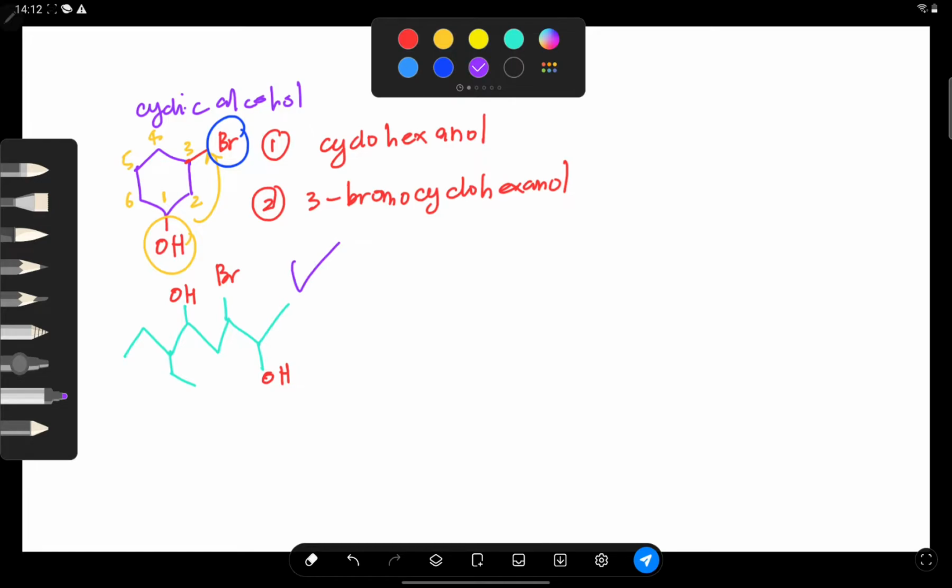So how? Method number 1, find the longest parent chain that contains the hydroxyl group. How many hydroxyl groups are in the structure? 1, 2. So there are 2 hydroxyl groups in the structure. Then you need to find the longest carbon chain that contains both hydroxyl groups.